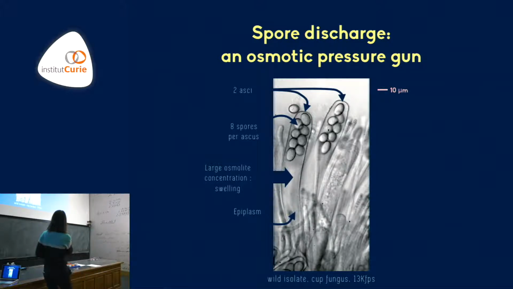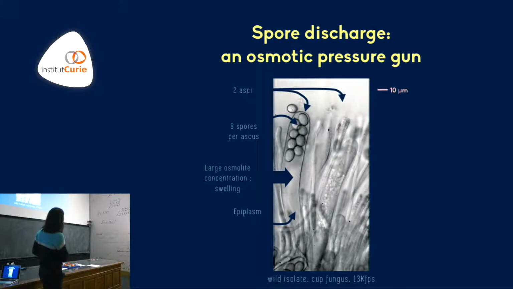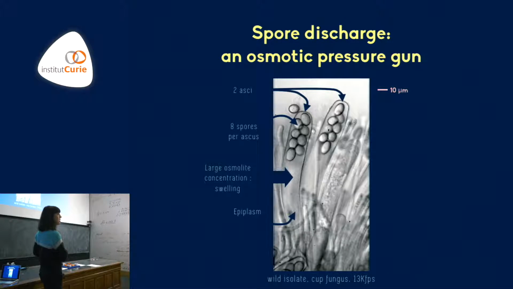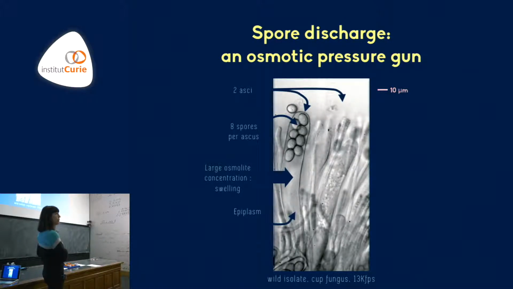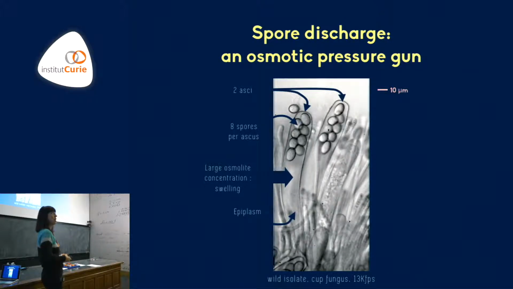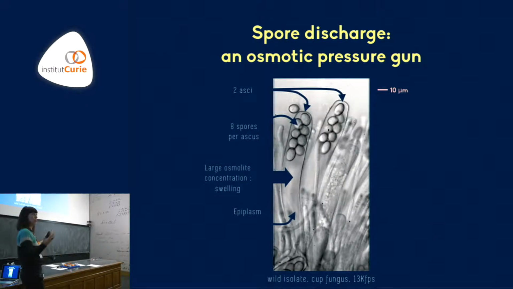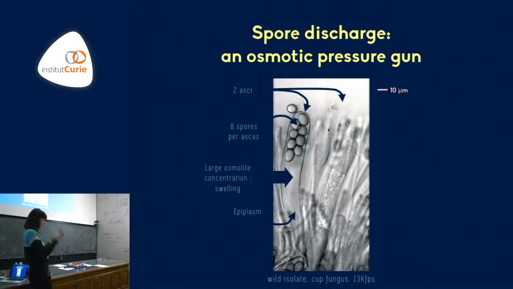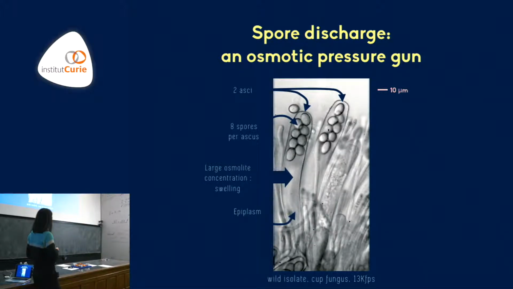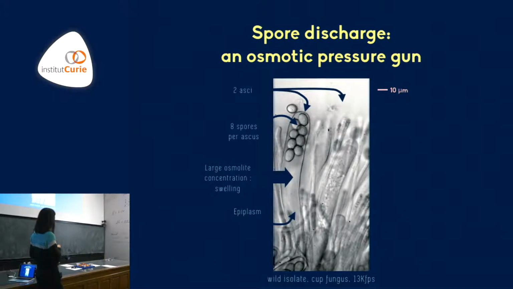Because I didn't say this, but the way we started this whole project was, okay, let's try to image this at high spatiotemporal resolution. Let's try to see how spores get out of the cells. Let's try to understand this biomechanics by looking at it. And the trouble is this happens between one frame and the next.